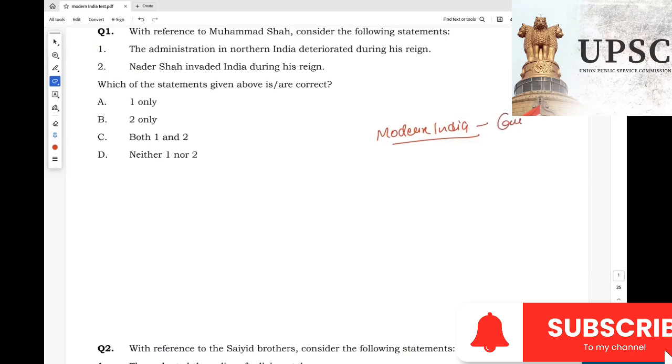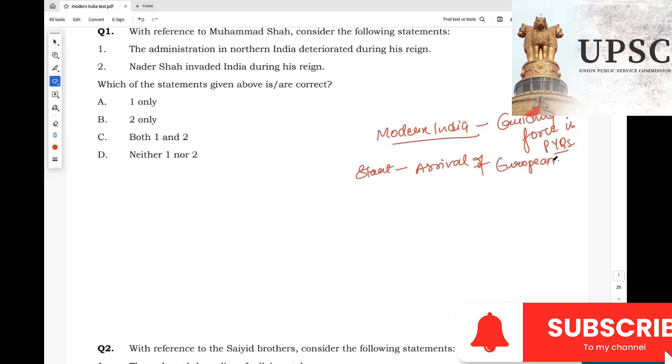So here, the guiding force for you is PYQs, right? From PYQs, you will understand how far UPSC is asking the questions. What is the start date and what is the end date? It starts from the arrival of Europeans.